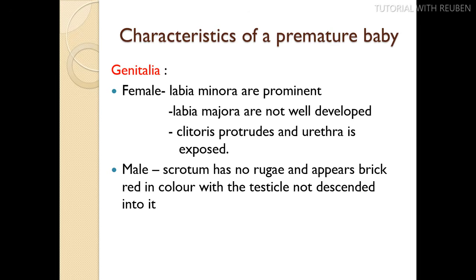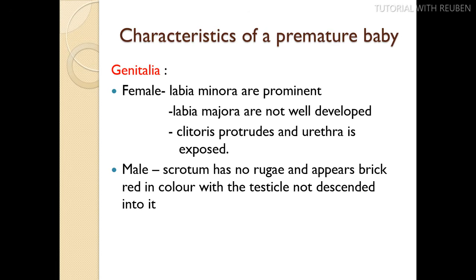Other characteristics that we can look at is length. When you measure the length of this premature baby, you're going to find that the length is less than 39 centimeters. And then when you look at the posture of this baby, you're going to notice that the legs and arms are extended in a frog-like position.